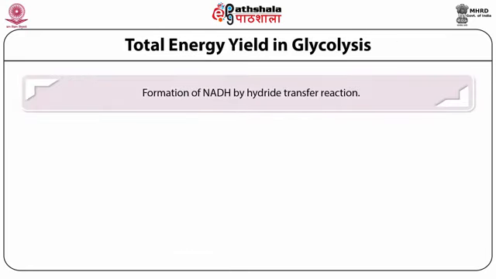Total energy yield in glycolysis, where inorganic phosphate is orthophosphate, in which the negative charge is delocalized to the oxygen atoms. NAD plus is nicotinamide adenine dinucleotide and can be reduced to NADH by accepting two electrons and a proton.